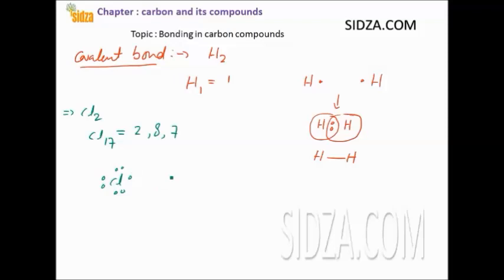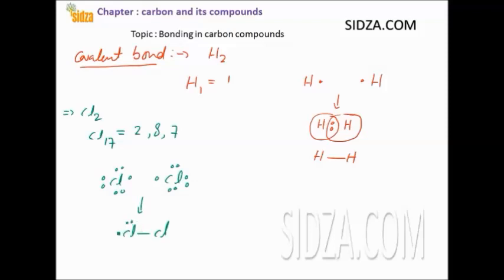Another chlorine atom has the same situation, with the same 7 electrons in its valence shell. Now to complete the octet, each chlorine atom needs 1 electron. So it can share 1 electron with another chlorine, and they form a chlorine-chlorine single bond, because the electron pair is being shared between the two chlorine atoms.